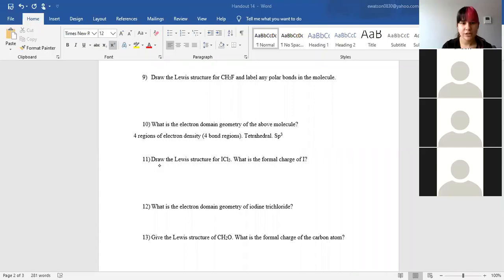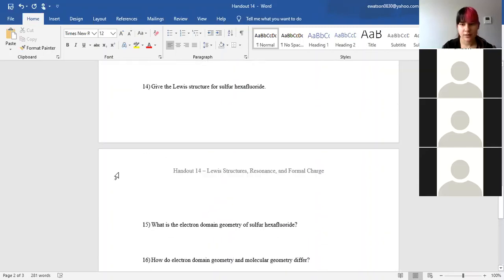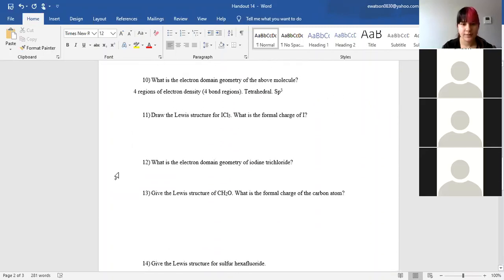So the next one is to draw the Lewis structure for ICl3. What is the formal charge of I?